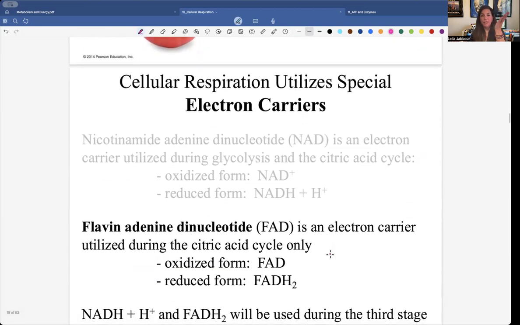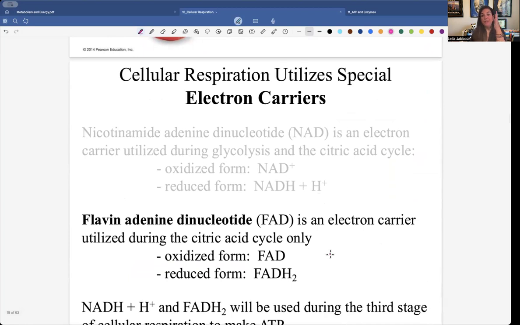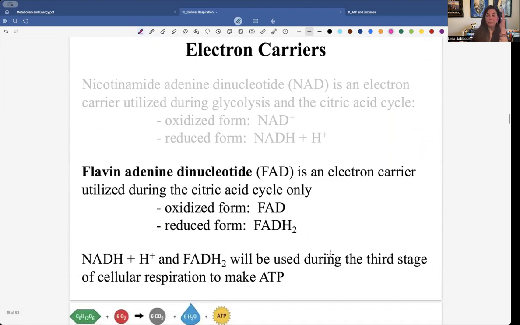And then we have a second electron carrier. It's called FAD. And FAD actually can bind 2 hydrogen, so it's FADH2. So both NAD and FAD are going to be used as electron carriers.